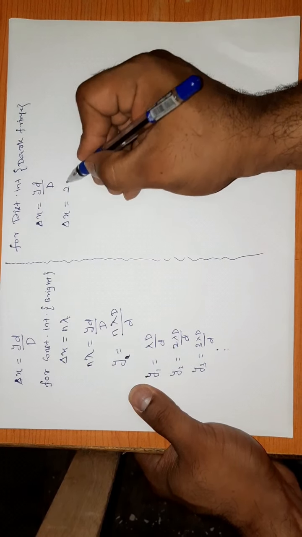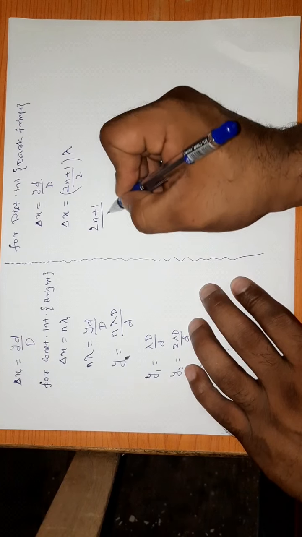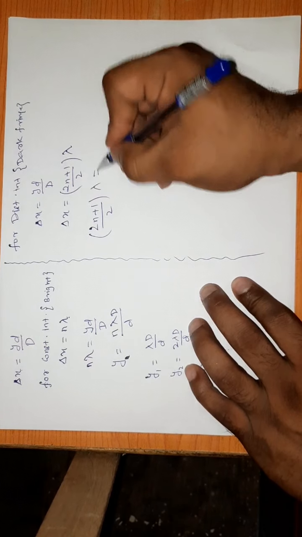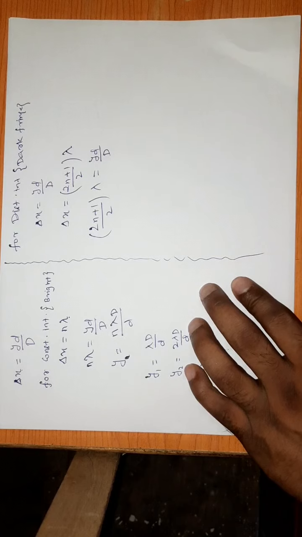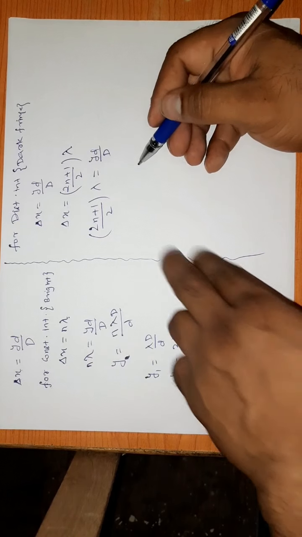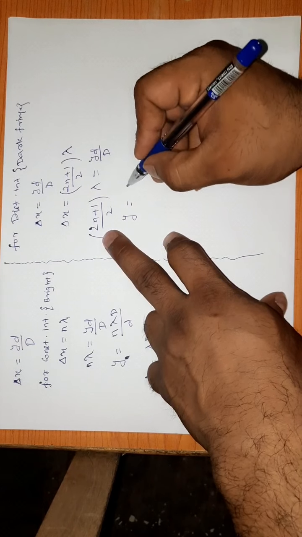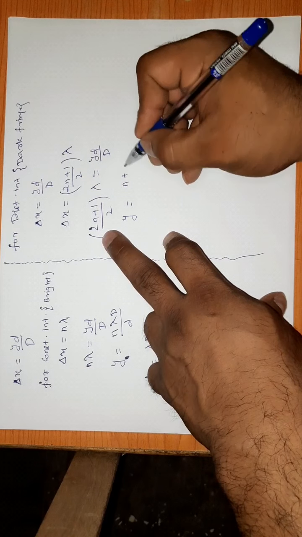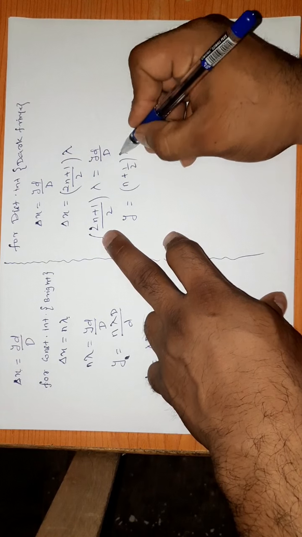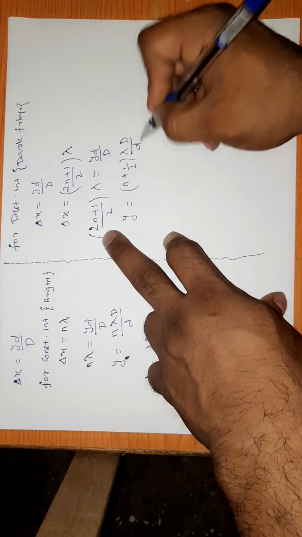We are substituting this: (2n plus 1) upon 2 into lambda is equal to yd upon D. When we solve this, from here we will get y is equal to (n plus 1/2) into lambda D upon d.